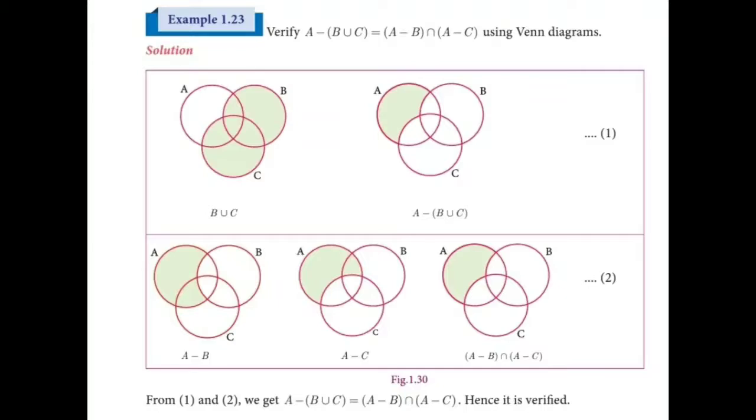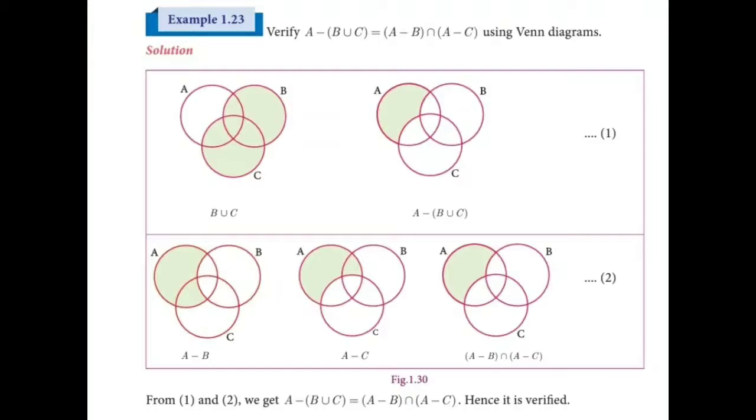Left hand side, A minus (B union C). First we find B union C, same concept. B union C means the set of all elements in B, in C, or in both.